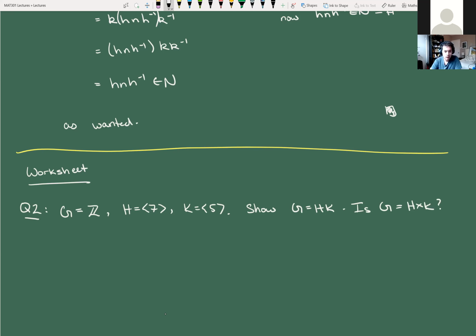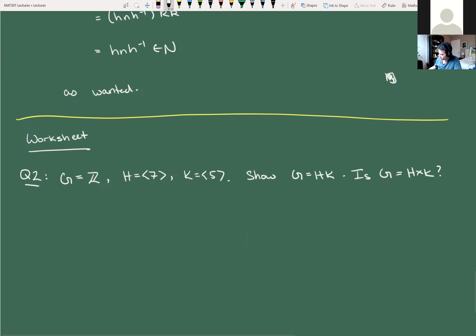Now, we actually did this question much earlier in the year when we were first talking about subgroups generated by an element. We said, look at the integers and figure out what the subgroup generated by 2 elements is. Does anyone remember this one?